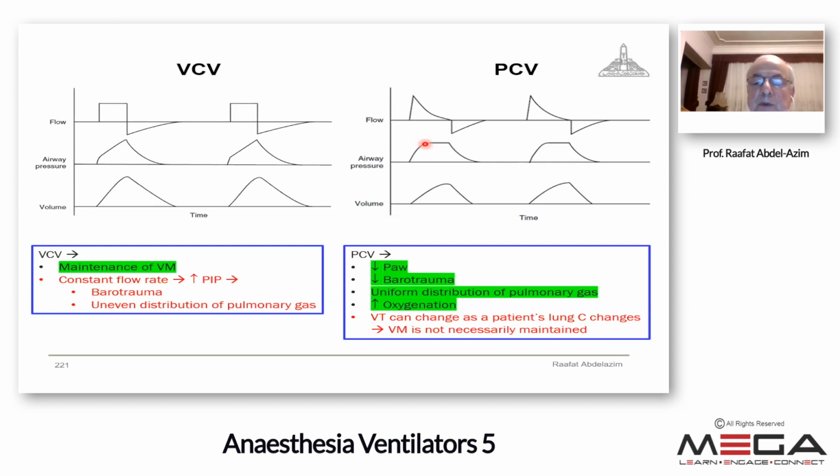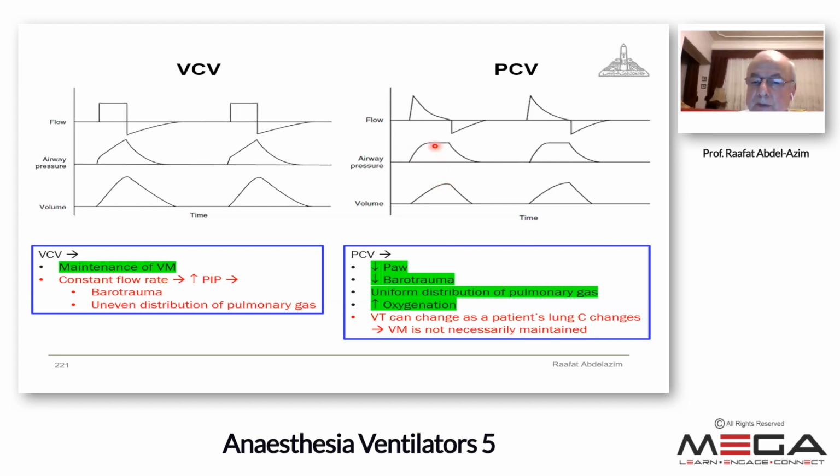The patient's improvement will lead to improvement of compliance. So when I adjusted the pressure control to give a certain tidal volume according to the pressure that I have limited, with the patient's improvement the compliance will be high, the pressure will not be reached, and the tidal volume will be much higher because of this condition.